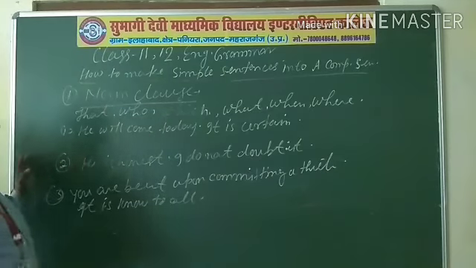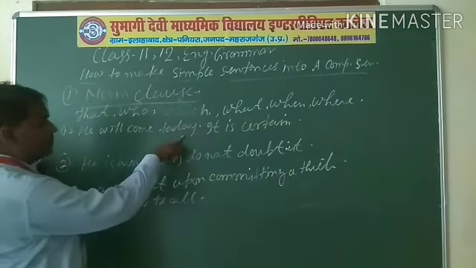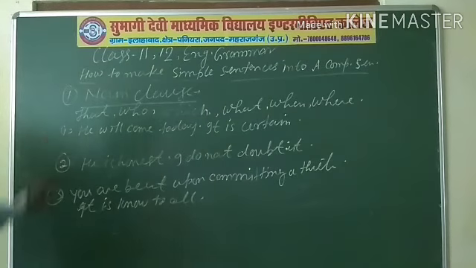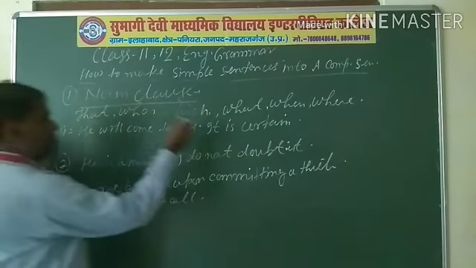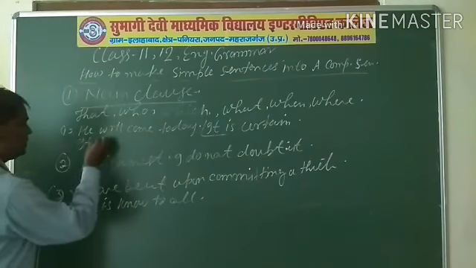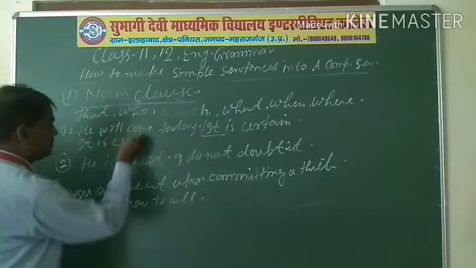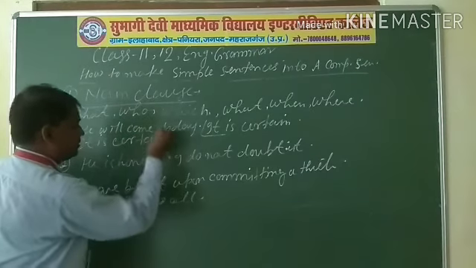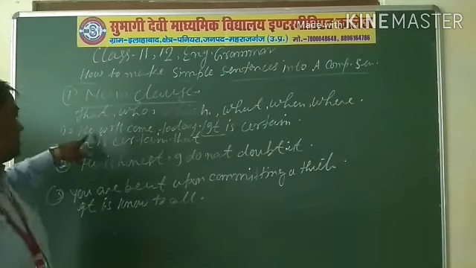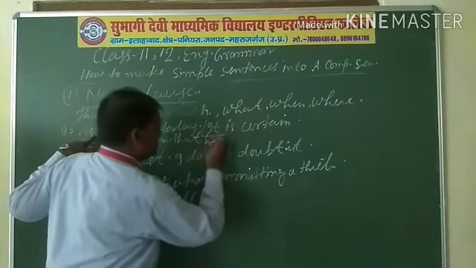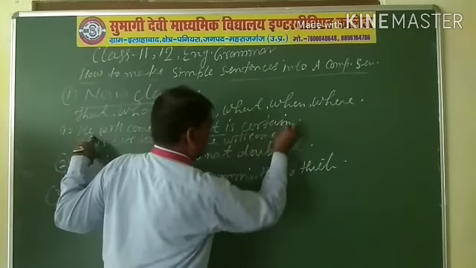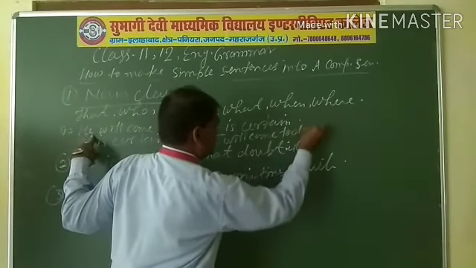For example: He will come today, it is certain. The principal clause is: it is certain that he will come today.